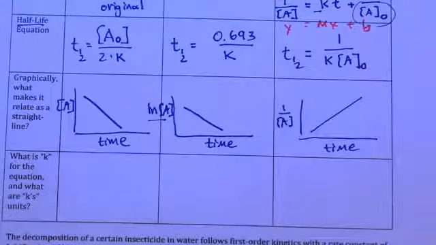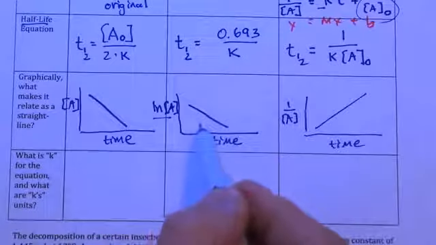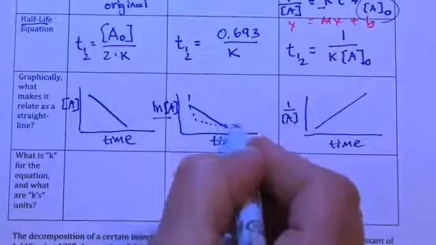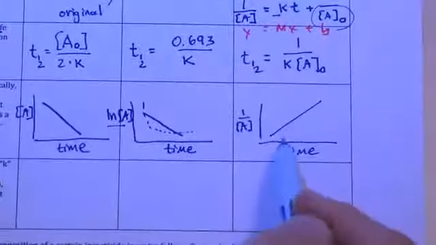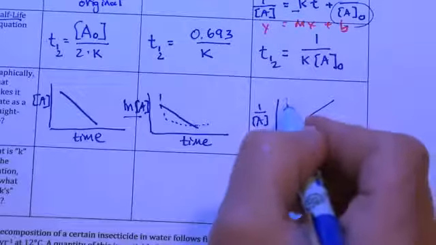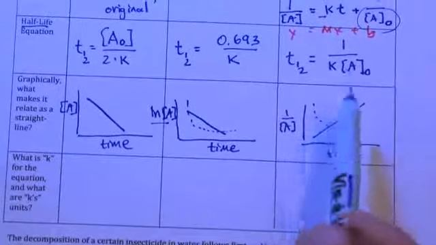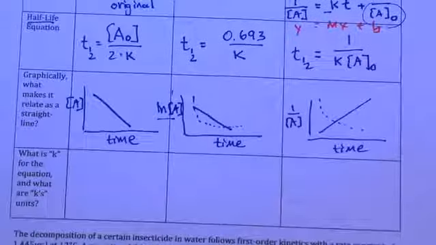If I simply graph concentration versus time for all of them, I won't get a straight line for this one. I'll actually get a curve that looks something like this. If I graph concentration versus time for this one right here, I'll get a curve as well that looks something like this. But once I try these different values for the vertical axis, then I can get a straight line.